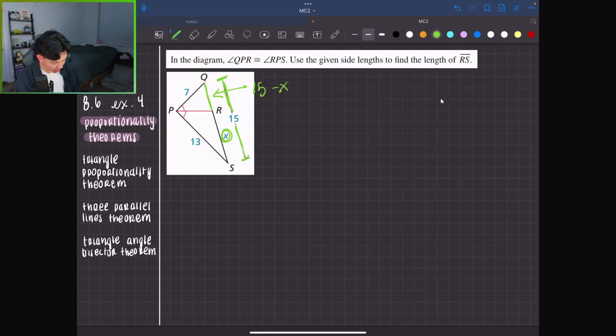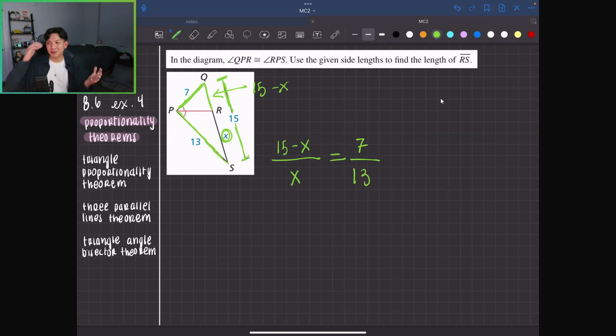So let's put that. 15 minus x over just this over here, x, is going to be proportional to, well, where did we get 15 minus x from? From this triangle up here. So let's go ahead and use this other side. So 7 over this over here from the other triangle, 13.